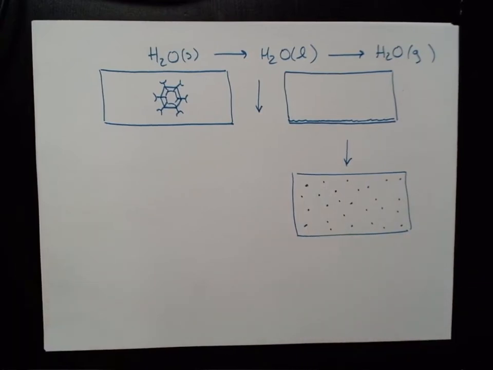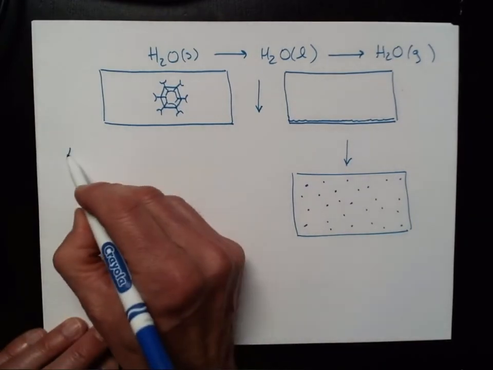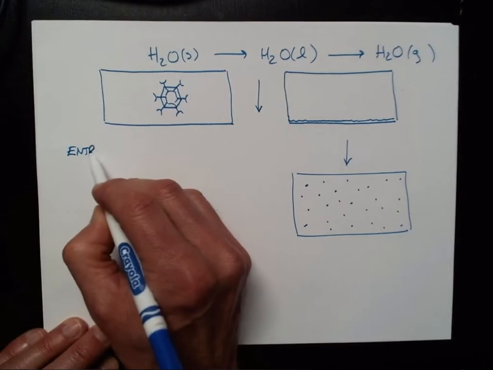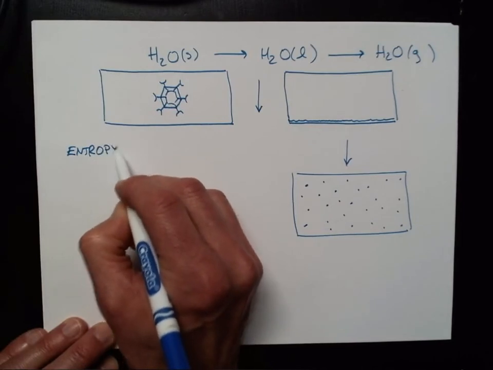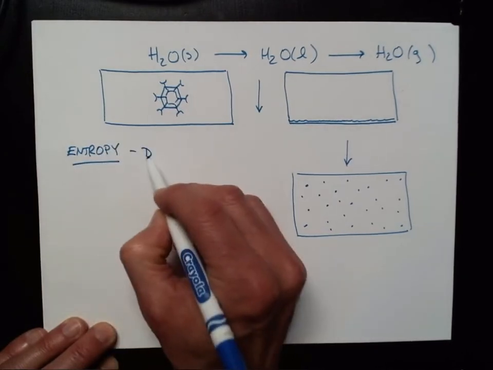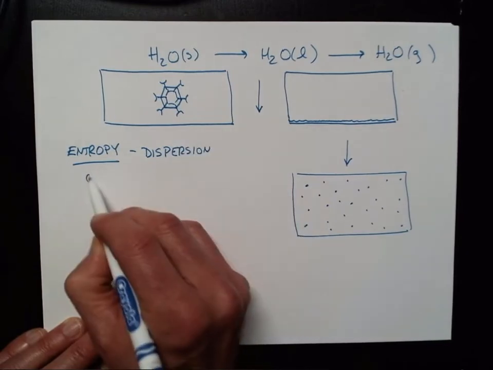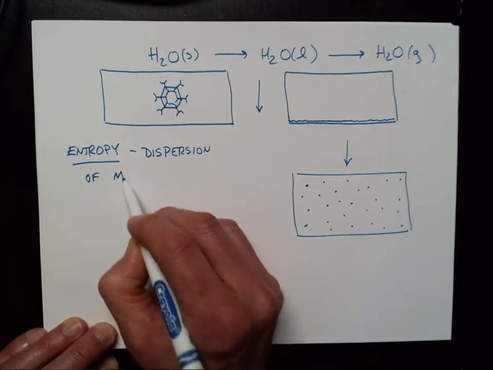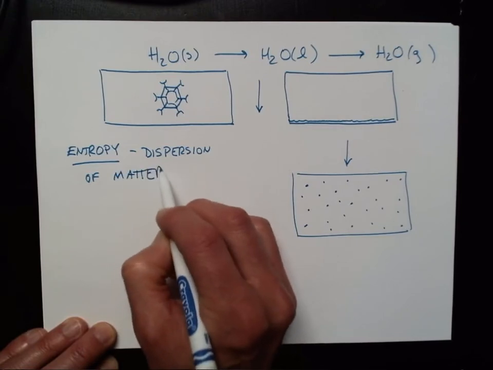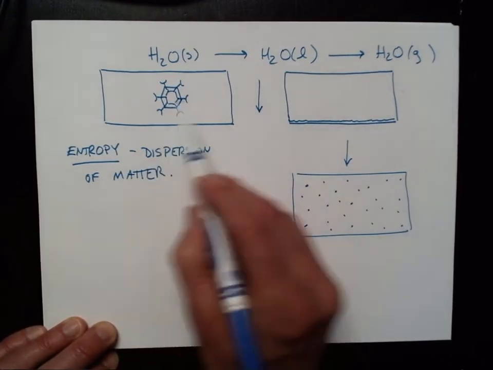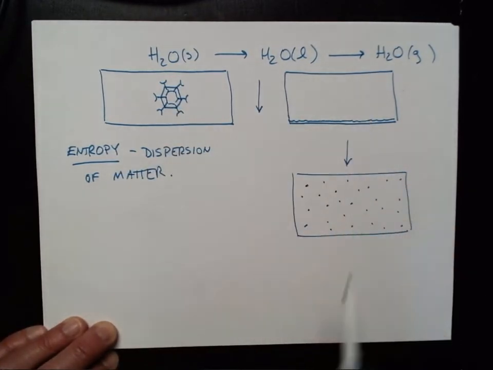Yeah? And so if we look at this process in terms of the entropy, which deals with the dispersion of matter, we're going to think of this as the dispersion of matter. It's not perfect. I'm lying to you a little bit, but it works really well to think about things this way. In which of these cases do we have the most dispersion of matter?